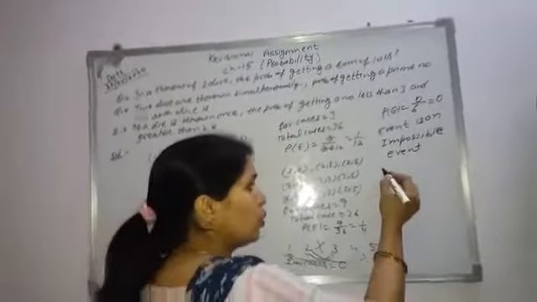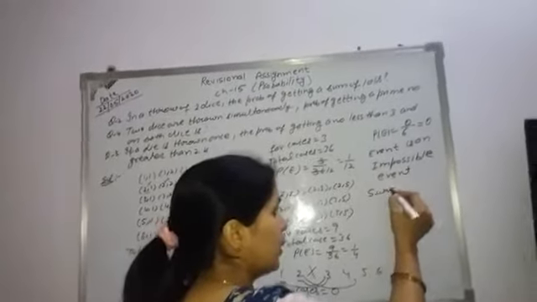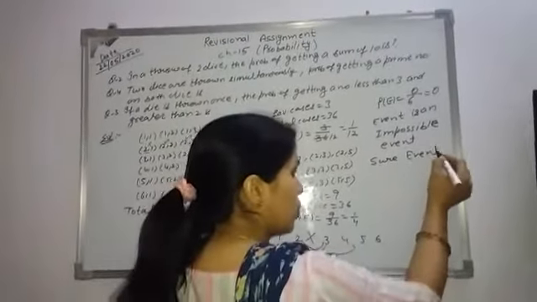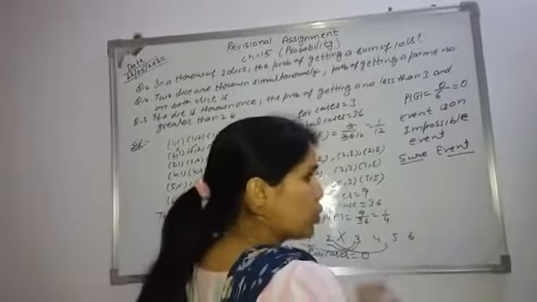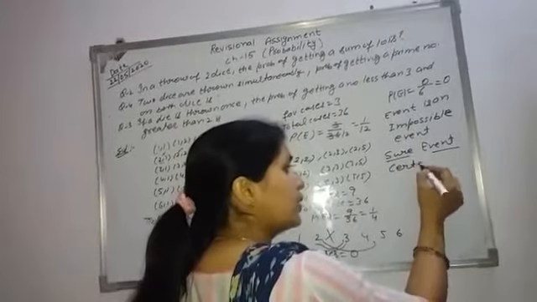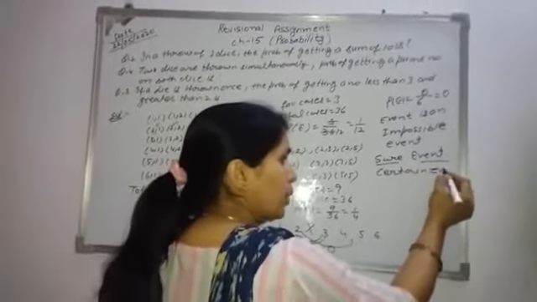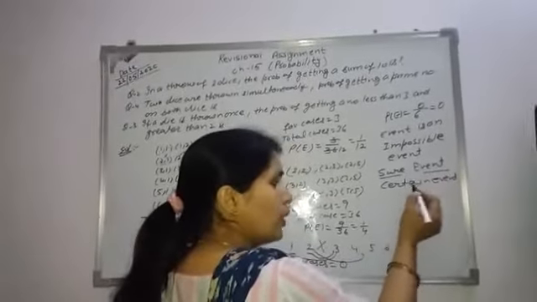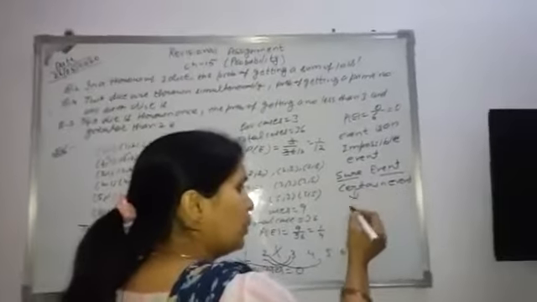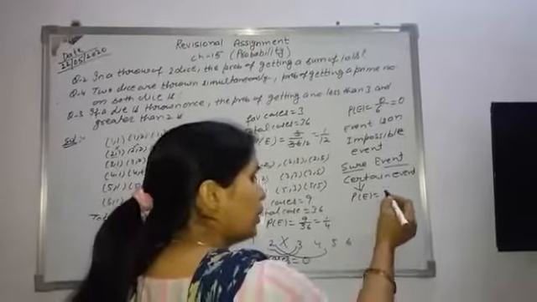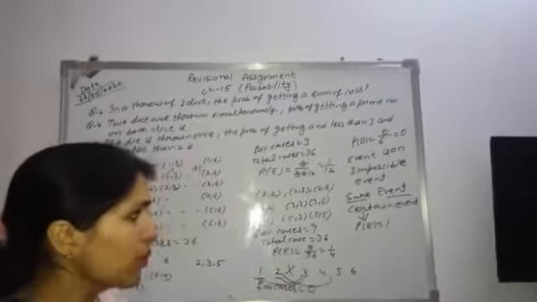And in any case, if probability is equal to 1, then we can say that this event is a sure event, or you can say a certain event. The probability of a sure or certain event is always equal to 1.